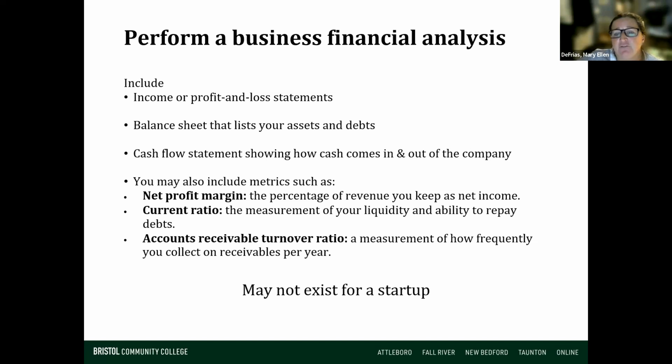Okay. Cash flow statements show how cash comes in and goes out. These are three things that any bank is going to ask you for in order to do a loan. And for a grant that is going to a business, it would not be uncommon for the granting authority to ask you for these.